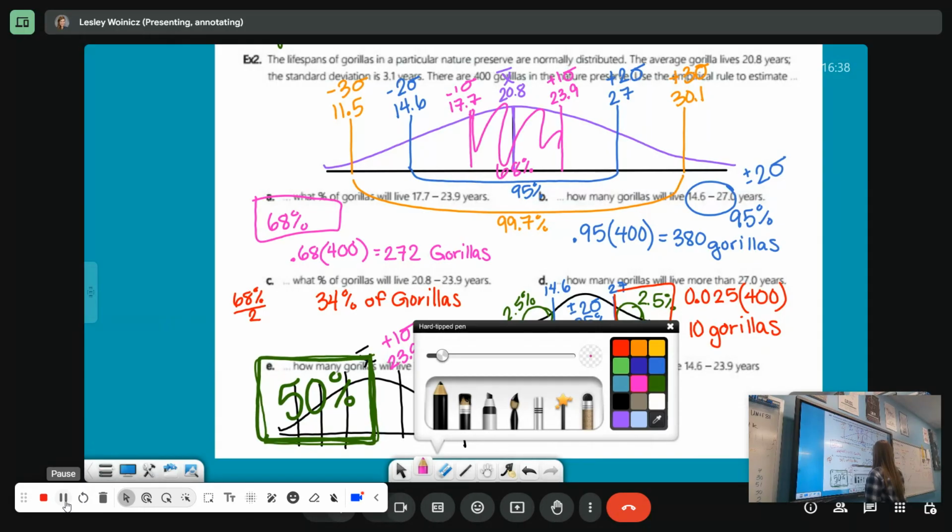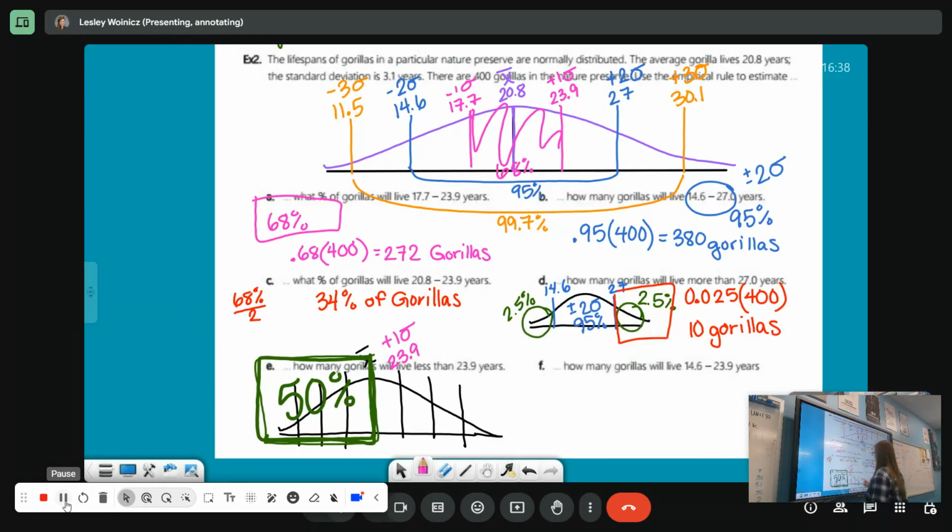And we figured out from the problem above that between my x-bar and my +1 standard deviation is half of 68. This, remember, was 34% of our gorillas. So we take the bottom 50% and add half of my 68%, which is the 34. So call it 84% of gorillas.